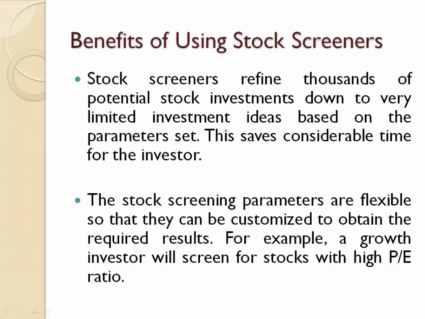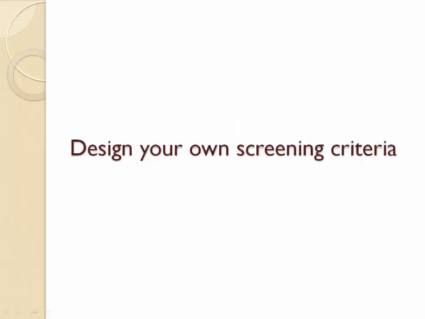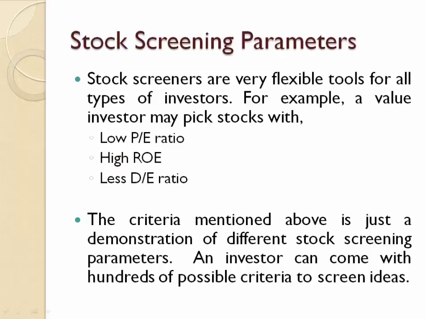Generally, a growth investor looks for a high PE company. A high PE denotes that investors are anticipating high growth in the future. So investors can customize the parameters based on their needs.